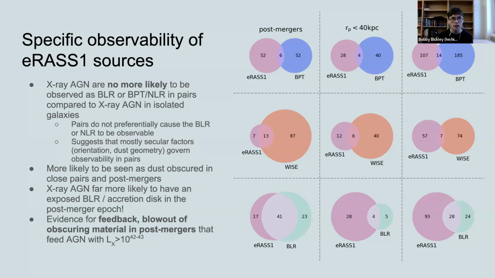So there are a lot of cases where you have simultaneous observability of BPT AGN and dust obscuration of the AGN. I think these coincide more frequently in the post-merger class. In fact, I have a result, not in this presentation, that shows they do coincide somewhat more frequently in the AGN class.